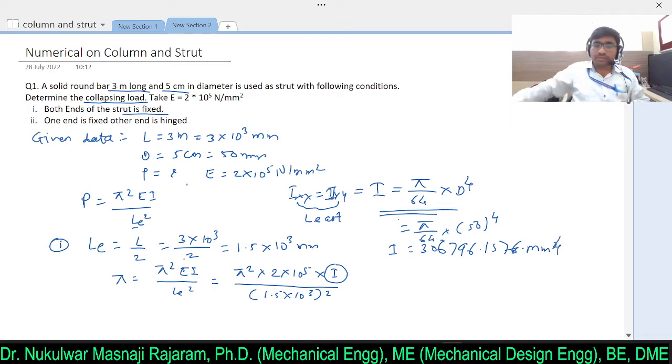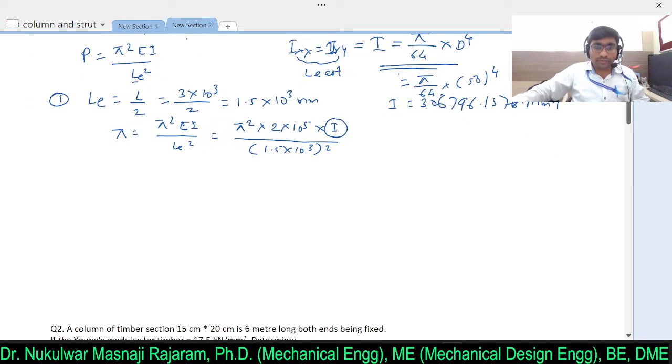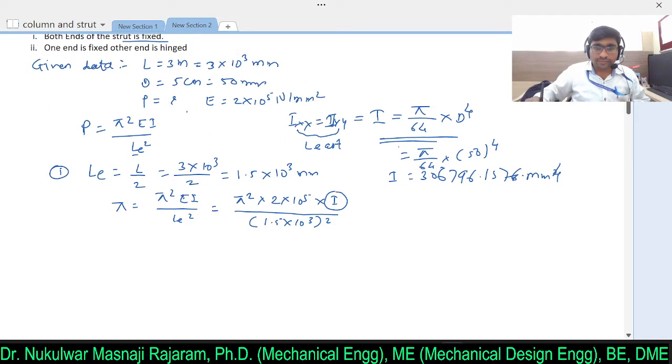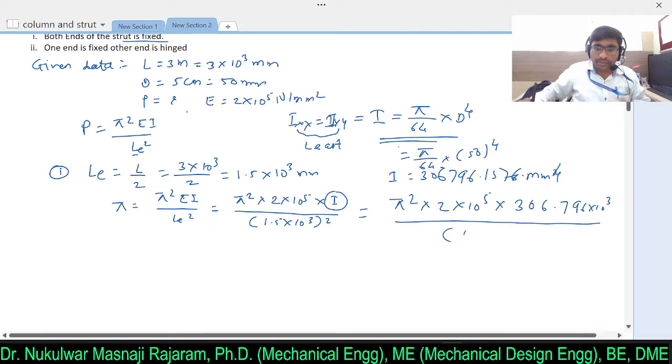Clear? Just put this value over here in this equation, then this equation becomes pi square into 2 into 10 raised to 5 into 306,796 into 10 raised to 3 divided by 1.5 into 10 raised to 3 whole square.